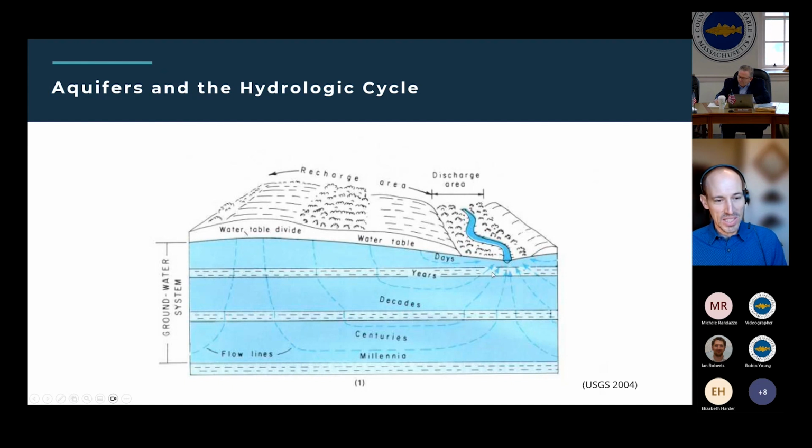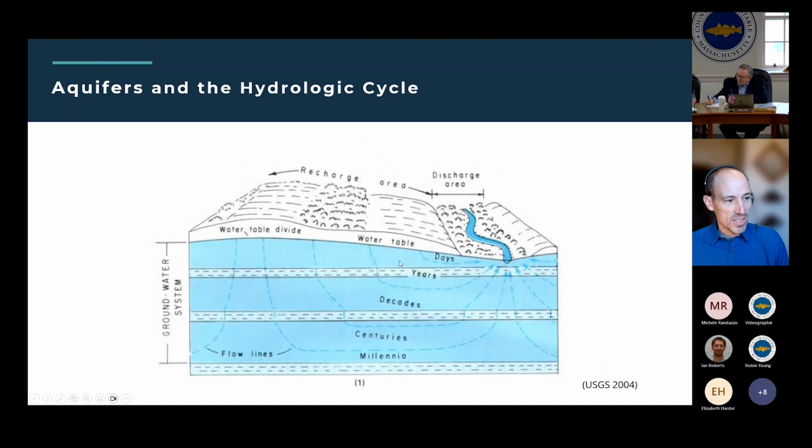Then when they get to a certain point, in this case, the discharge area shown as a river, water can flow back upwards and out of the aquifer to a stream or some sort of receiving water. Or as we'll see later, a lot of the discharge from the Cape Cod aquifer actually goes to the coastal waters. And that's an idea that we're probably familiar with through all of the work of the 208 plan.